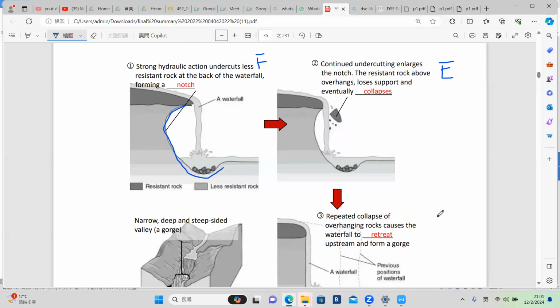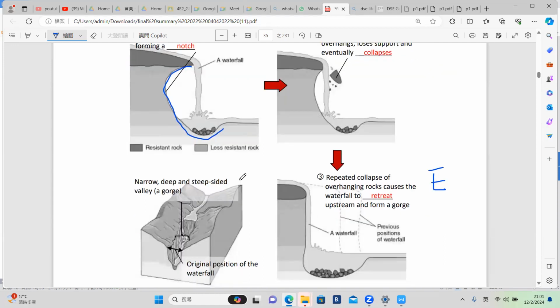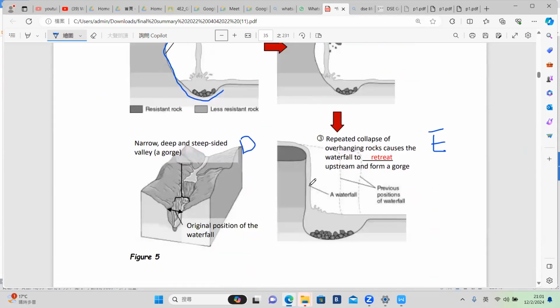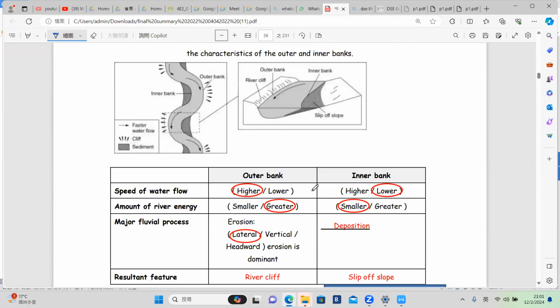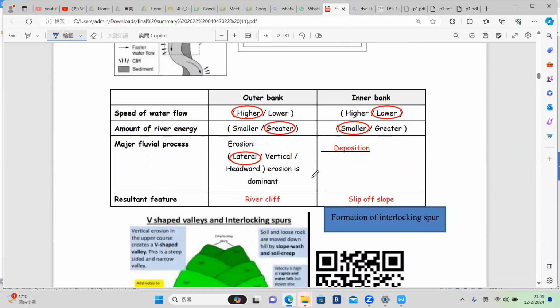The repeated collapse of overhanging rocks causes the waterfall to retreat upstream and form the gorge. What is a gorge? You have to describe it: a narrow, deep and steep-sided valley. With D, E and F, it becomes easy.